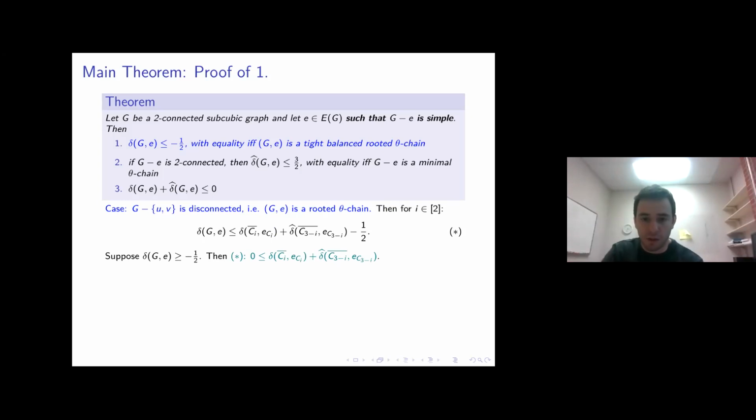Then we have that in green, just from the above equation. And so by 1 and 2 in the green equation, you can show that they're all equal to 0. So the extreme example is G has to be a tight and balanced rooted theta chain. And so that's where we get the tight balance from.